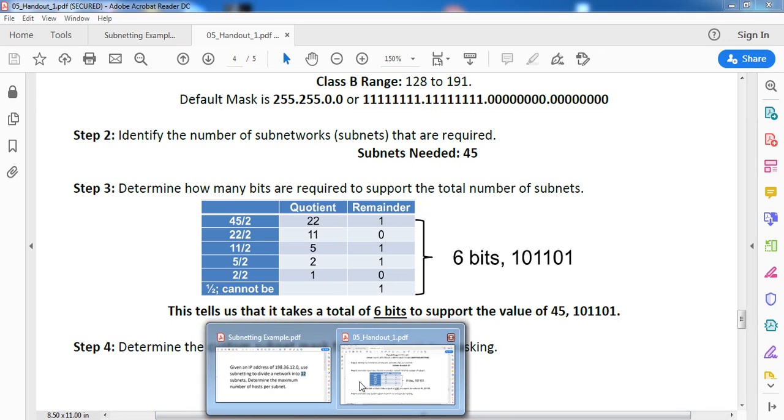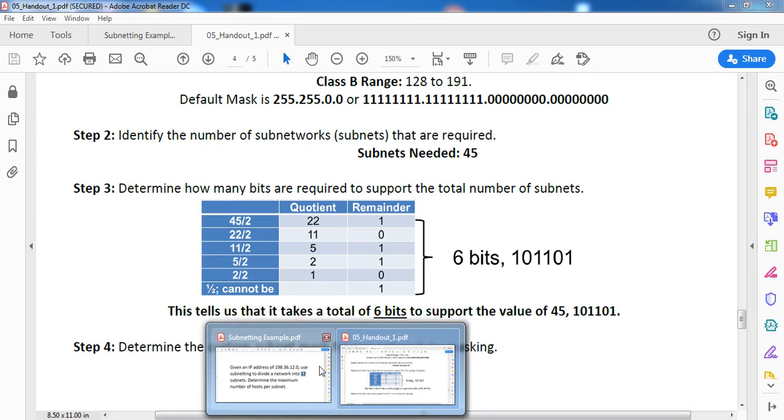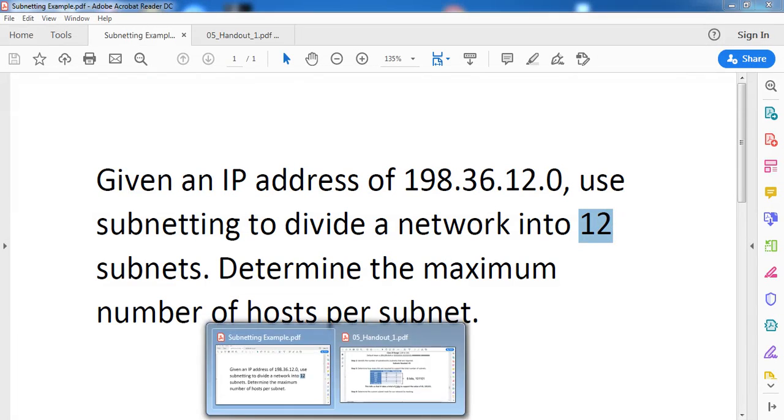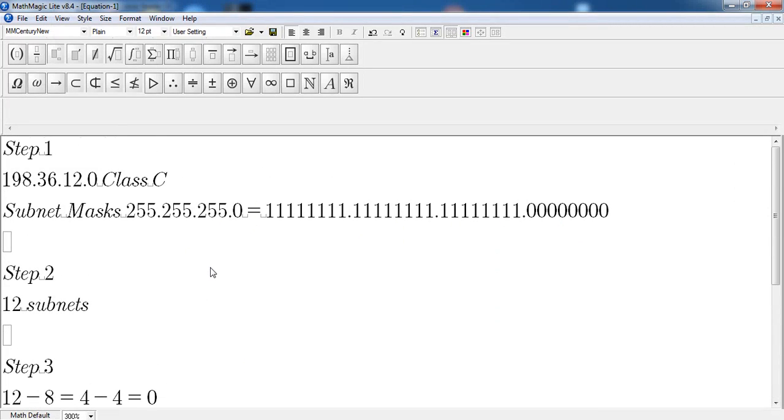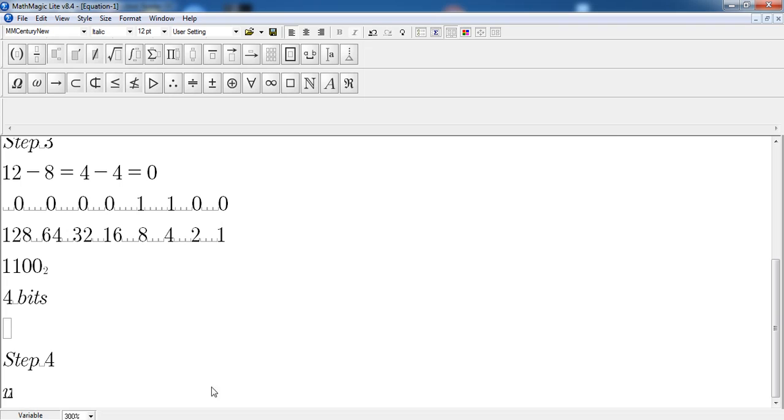We already have our network mask, or the default mask, from step 1, which is this. So what we're going to do is borrow 4 bits from the host ID. Again, when we borrow bits from the host ID to turn into a subnet ID, we use the left bits first of the host ID.